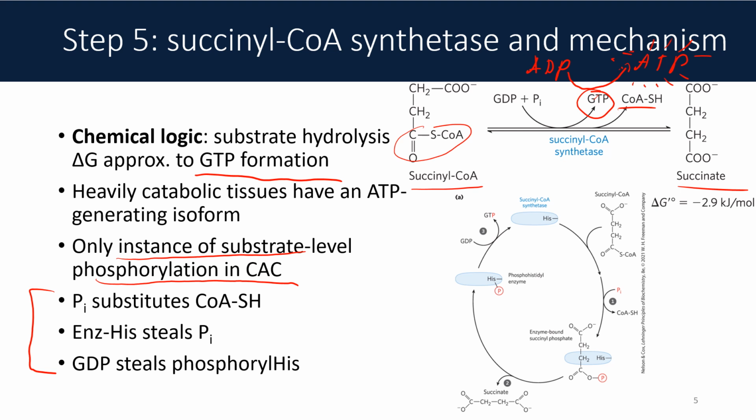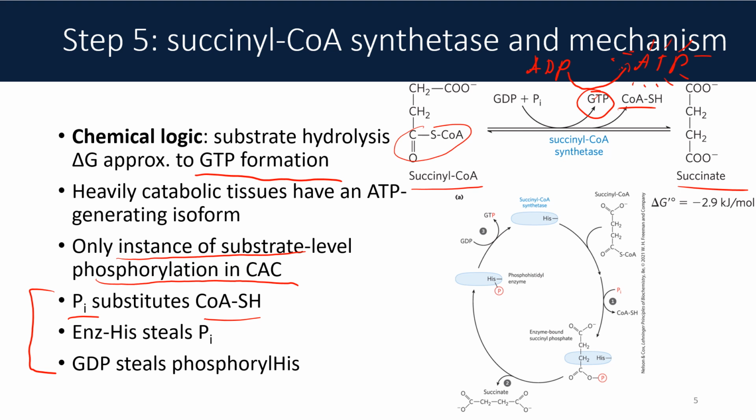The first step of this mechanism is going to be binding of the substrate succinyl-CoA by the enzyme, and we are going to exchange that coenzyme A for a phosphate. So it's going to sneak in and cleave it off, giving us this enzyme-bound succinyl phosphate intermediate.